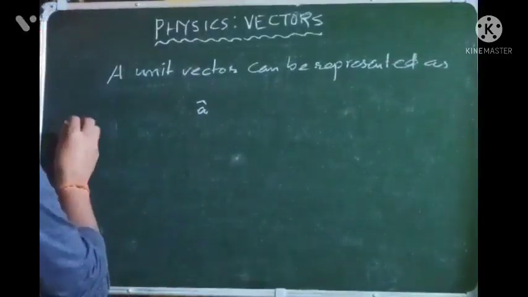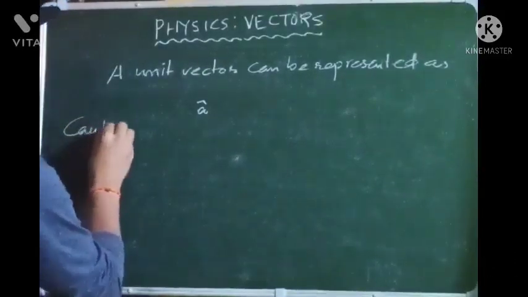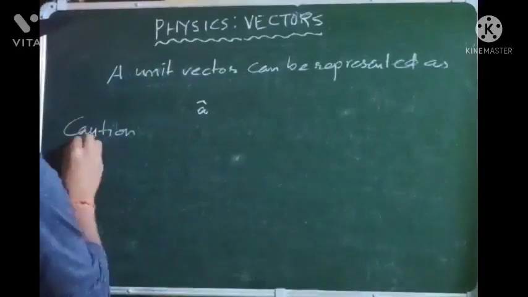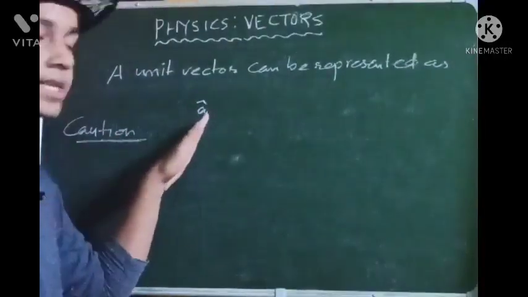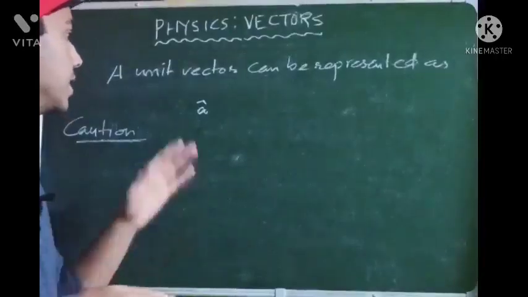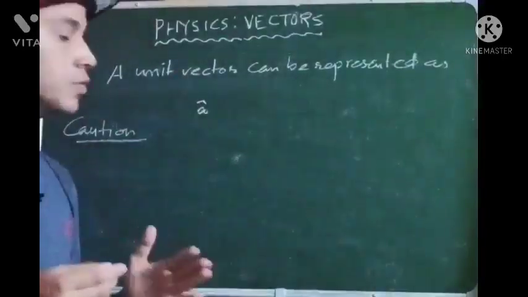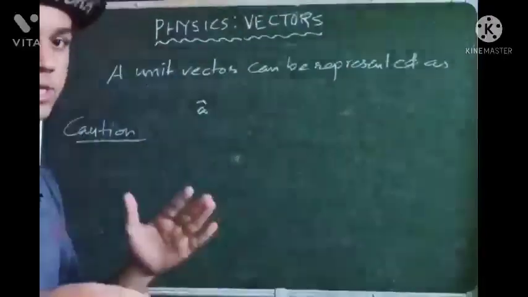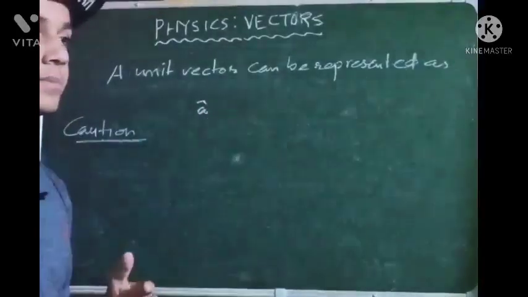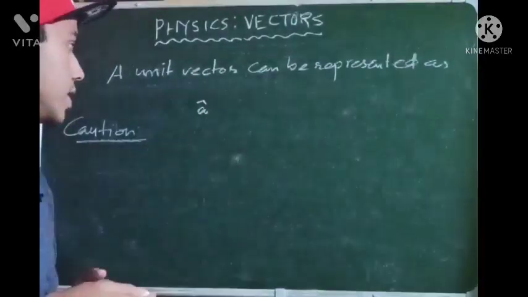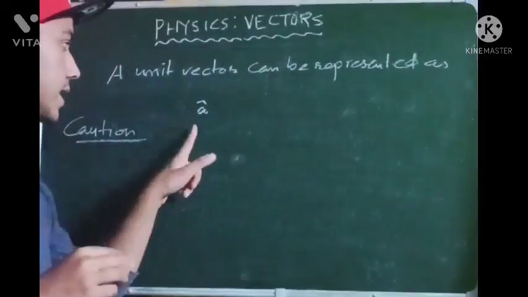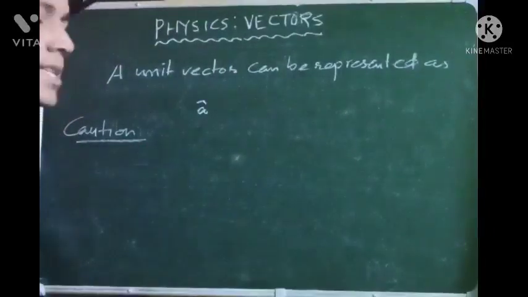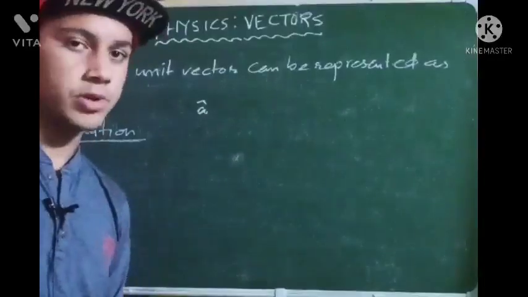Now, one caution we have to remember: in the examination, if the cap is written with the vector and the word unit vector is not used for that vector before writing the vector, then the cap may not represent unit vector. So it is necessary that the question writes that it is a unit vector. It is important from examination point of view.